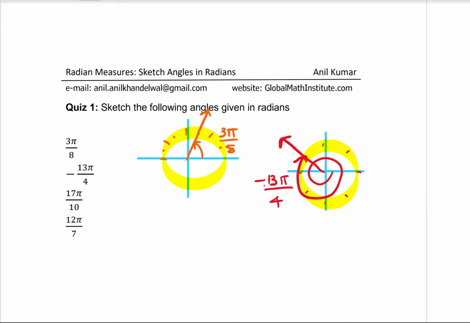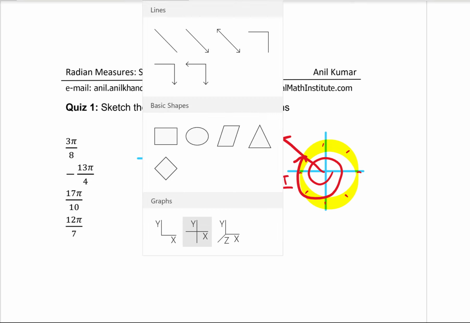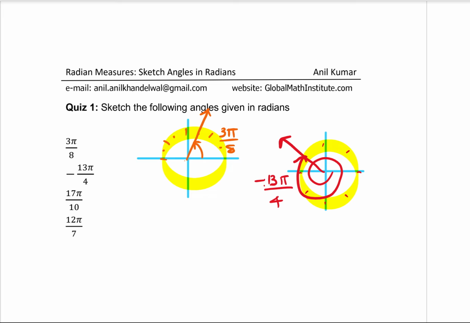Perfect. Now we have another one which is kind of tricky. You have to do 17 pi by 10. How are you going to do it? So you can actually pause the video, do it first, and then look into my suggestions.